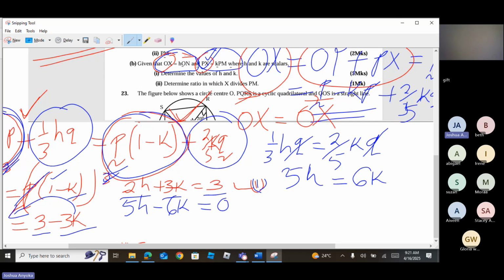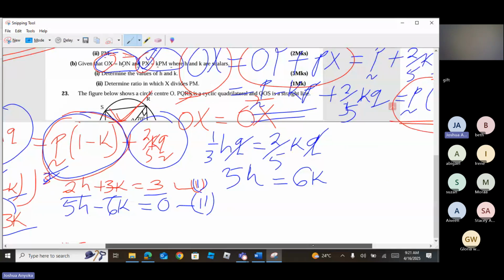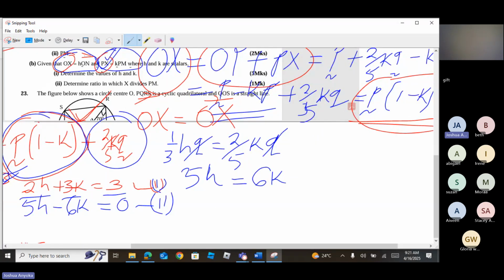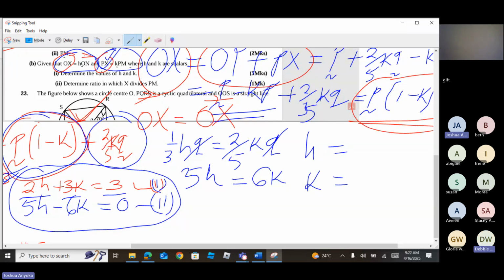So we have another equation, equation 2. So we solve the two equations simultaneously for the value of H and K. I want you to solve and get me the value of H and the value of K. One minute. Solve these two equations simultaneously. When you finish, raise your hand.